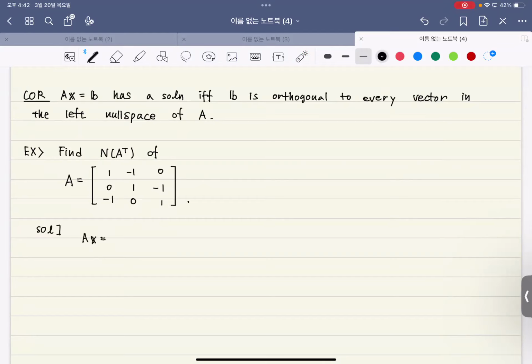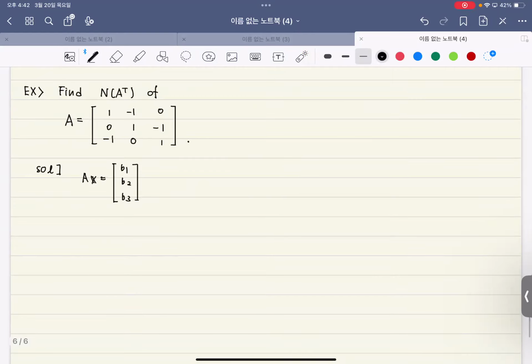I will begin from this system of equations.